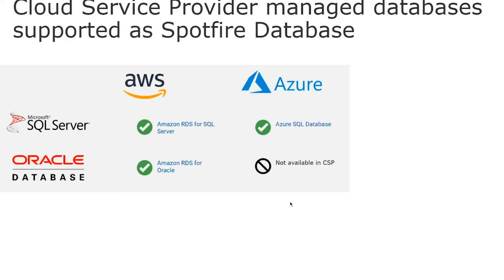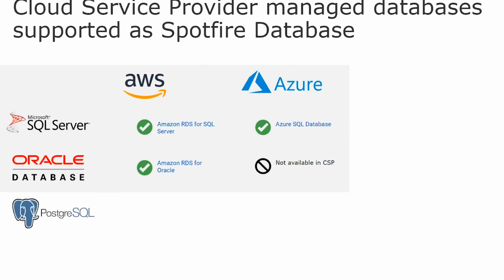As you may know, Spotfire already supported some cloud service provider managed databases to be used as the Spotfire Server Database. These were specifically Amazon RDS SQL Server, Amazon RDS for Oracle, and Azure SQL Database.